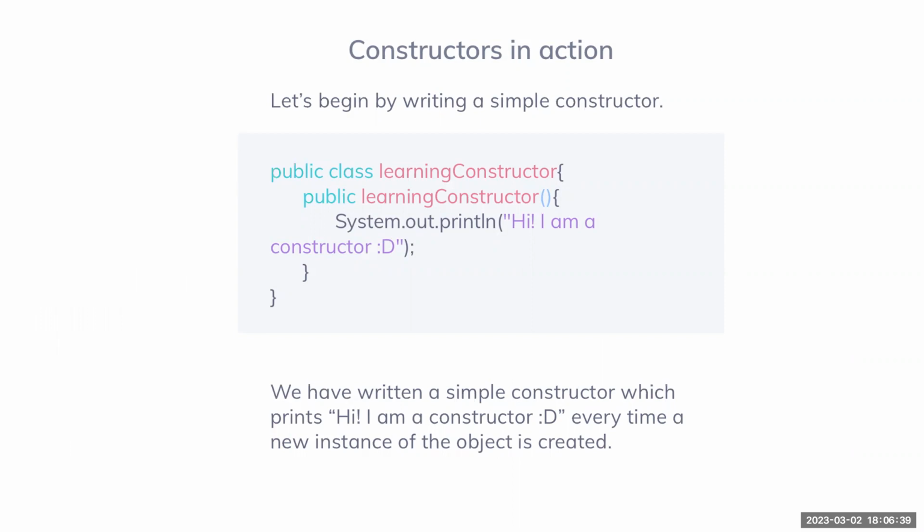See, in this example, the constructor is without parameters, and it is the default constructor, which has only the name of the constructor, which is equal to the class name, and it doesn't have any parameters.